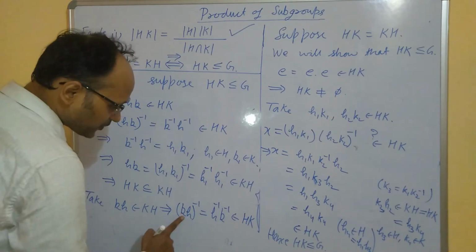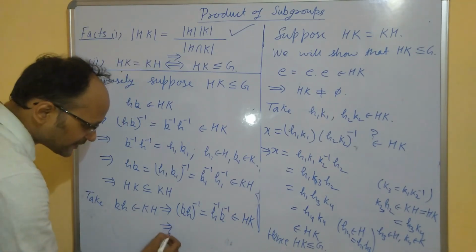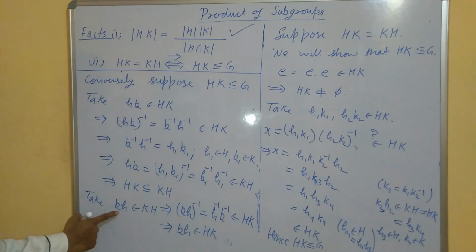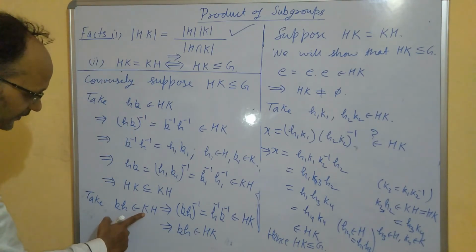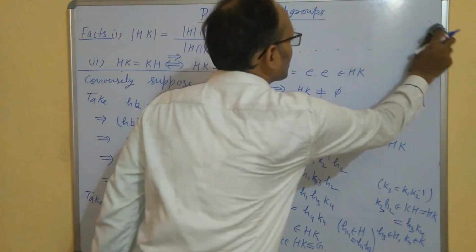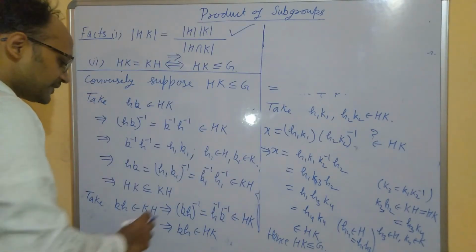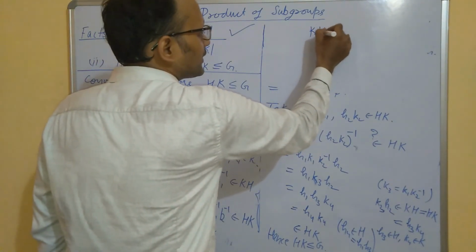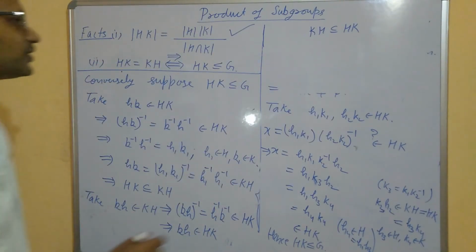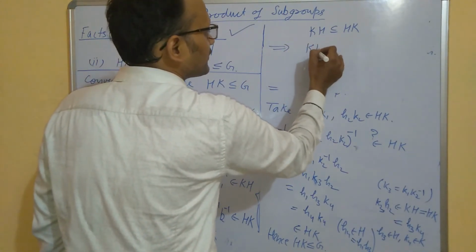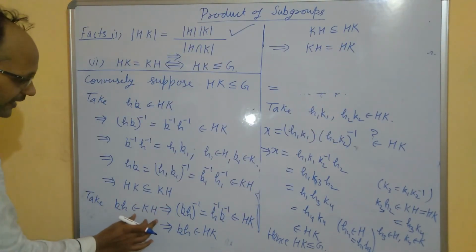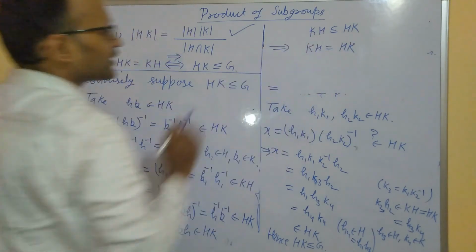But because HK is a subgroup, its inverse is in HK, so this implies KH is in HK. So if I take one element in KH, then that element will belong to HK also. So it means this KH is contained in HK. So this implies KH is equal to HK, because we have shown that this is contained in this and this is contained in this, so both are equal.